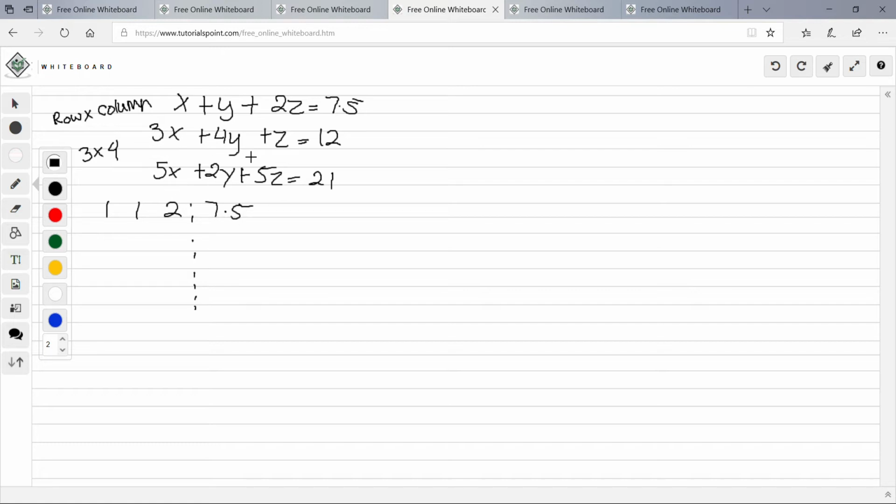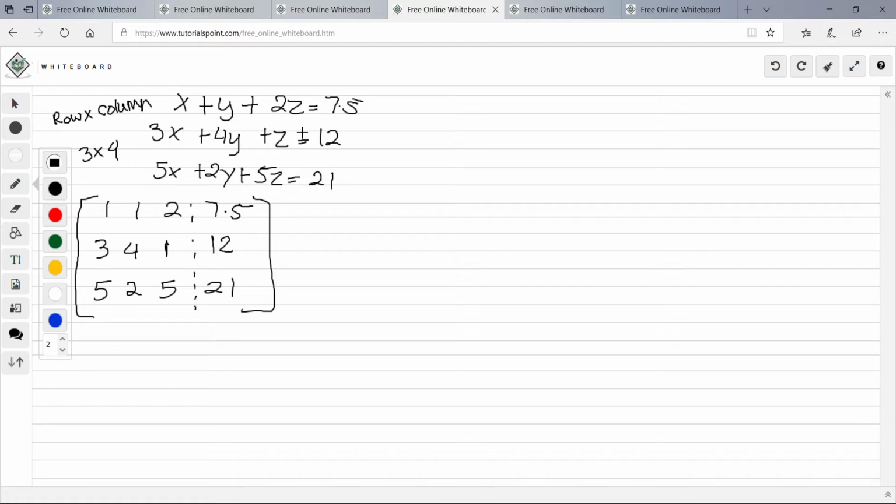This is going to be 3, 4, 1, because this is an invisible 1, and then 12. And what about here? 5, 2, 5, and 21. Is this a 3 by 4 matrix? Does it have 3 rows? 1, 2, 3? Yes. Does it have 4 columns? 1, 2, 3, 4. Yes, so it's definitely 3 by 4.